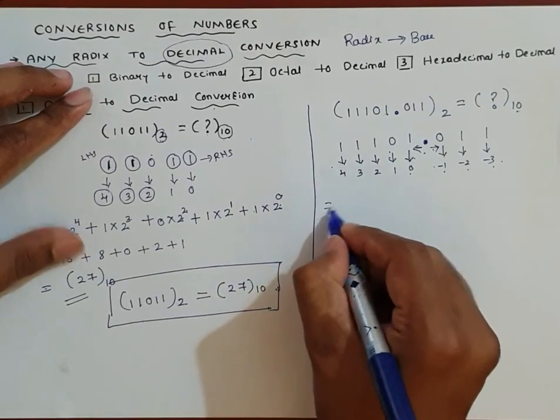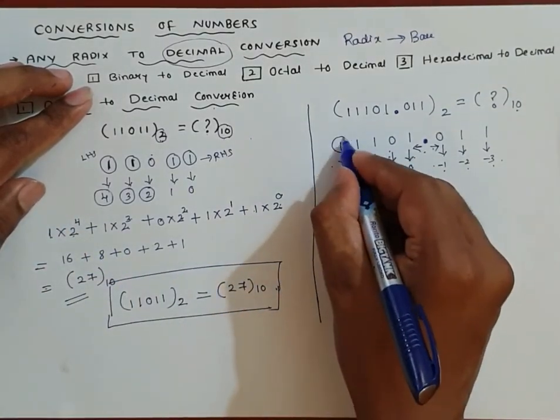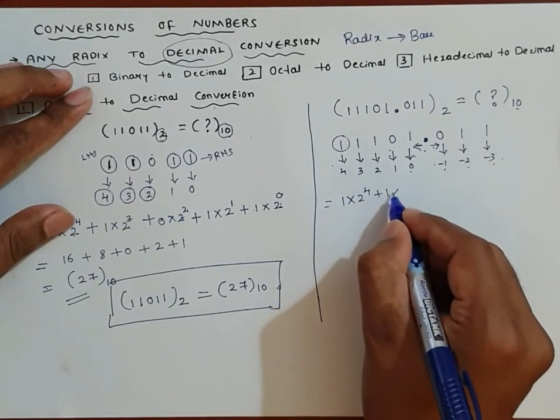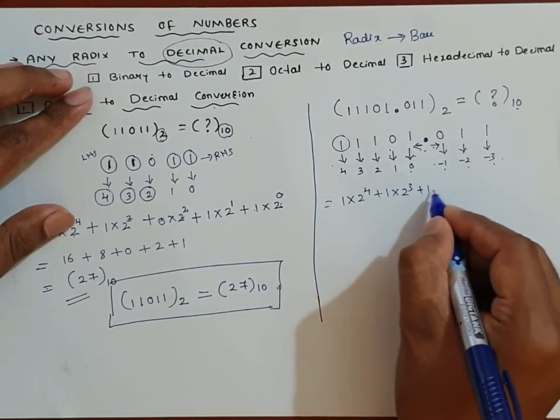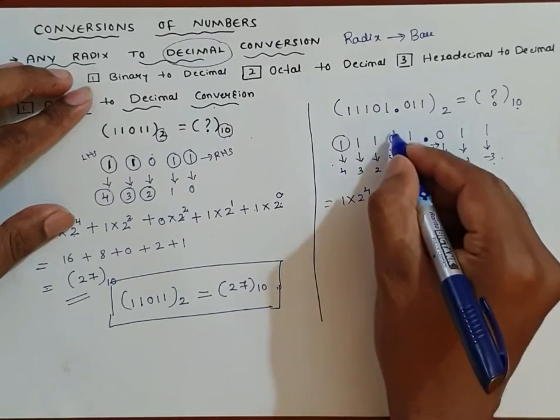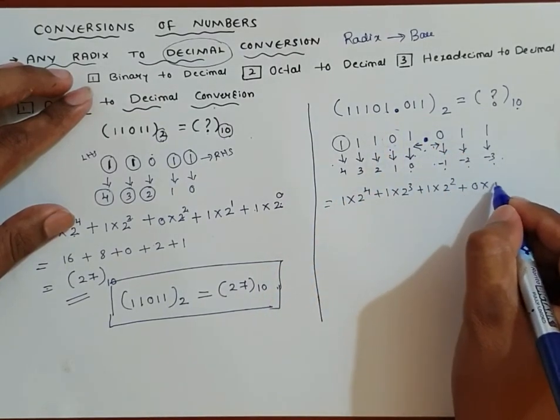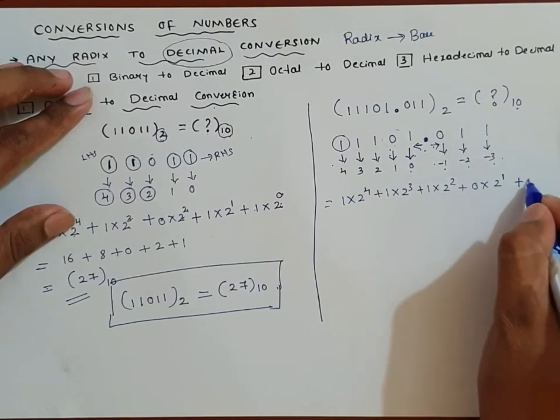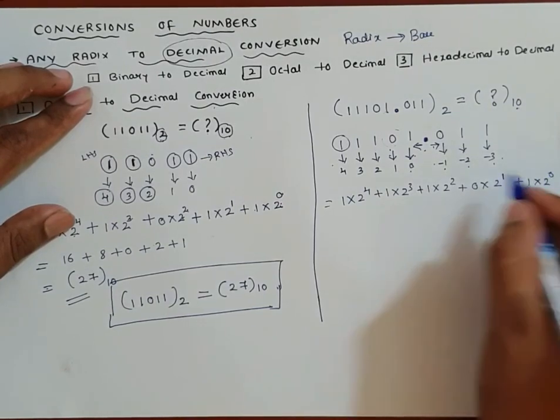So now again same procedure here as we have done here. So take this 1, multiply by 2 power 4, 1 into 2 power 3 plus 1 into 2 power 2 plus 0 into 2 power 1 plus 1 into 2 power 0.